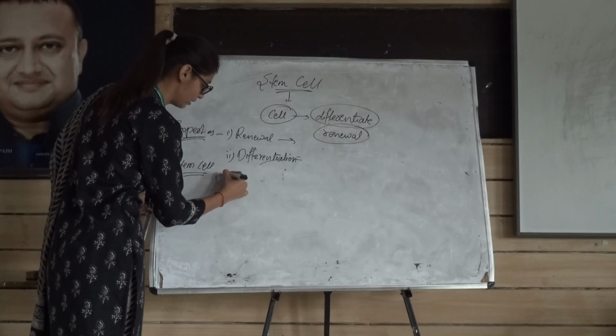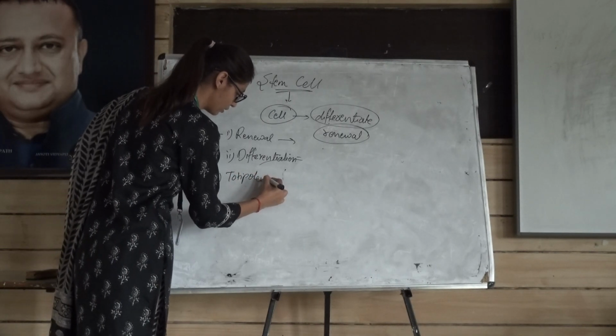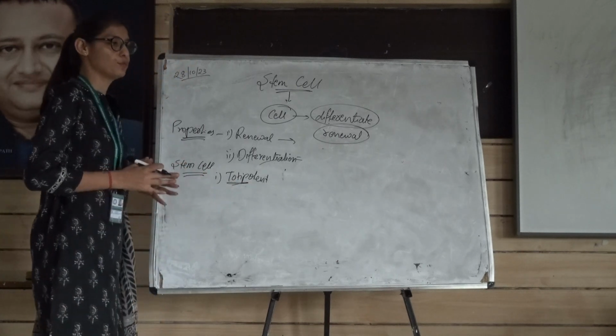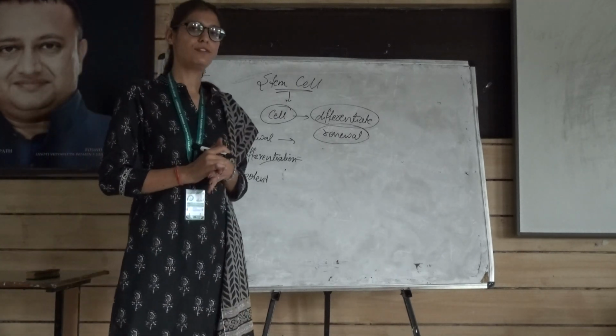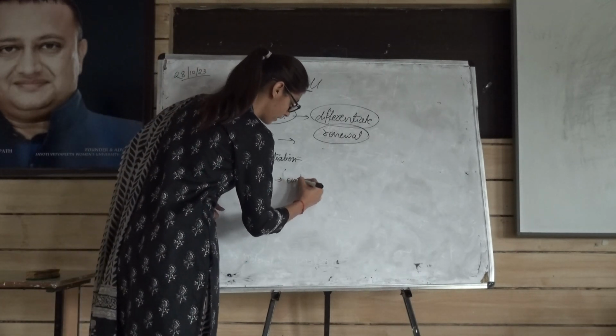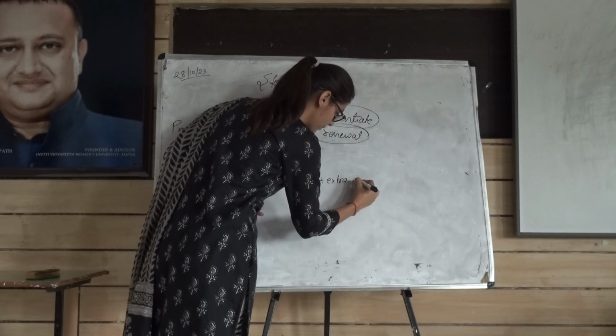First one is the totipotent cell. Toti means total, that is a stem cell which can produce a complete formation of embryo plus extra embryonic membranes.